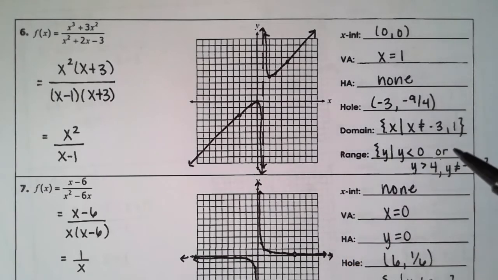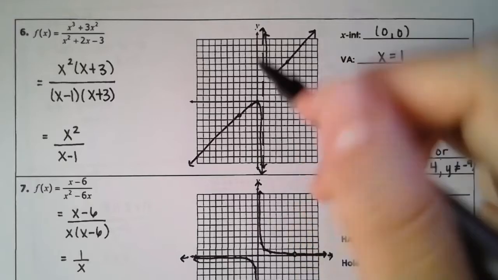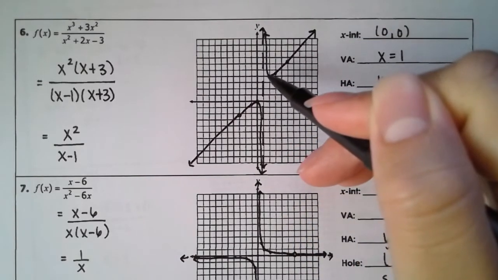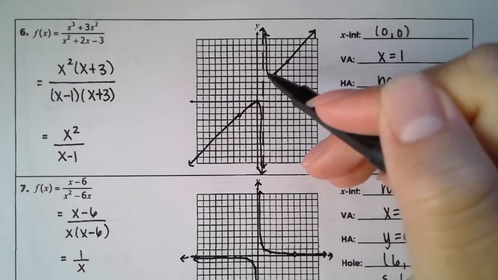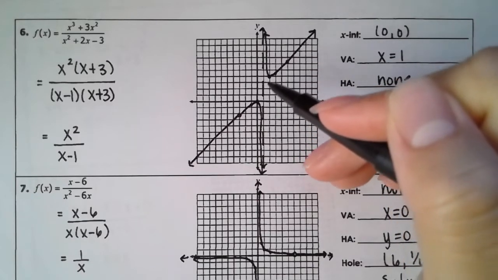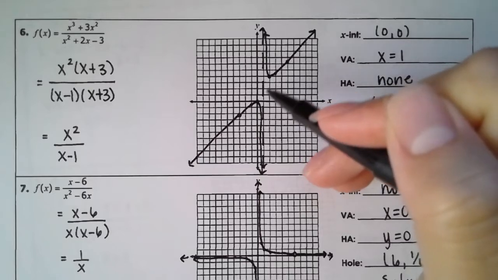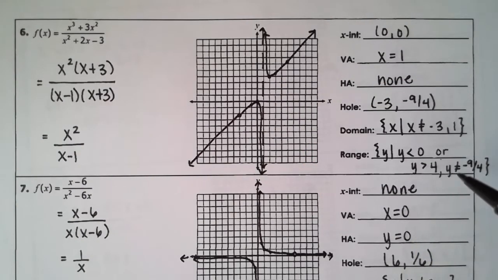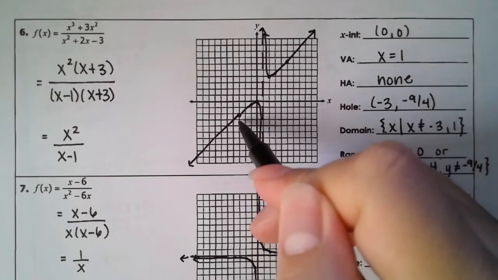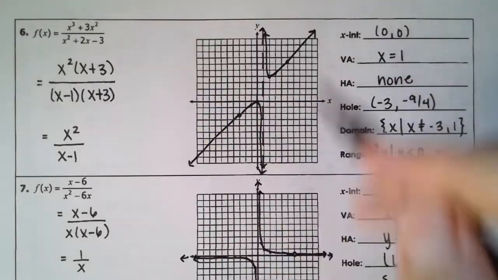Or y is greater than 4. That's going to be going up this way, because everything in between here, there is no graph. So my range does not exist in these points here. And then finally, y cannot be negative 9 over 4 because that's where my hole is. So that's this graph.